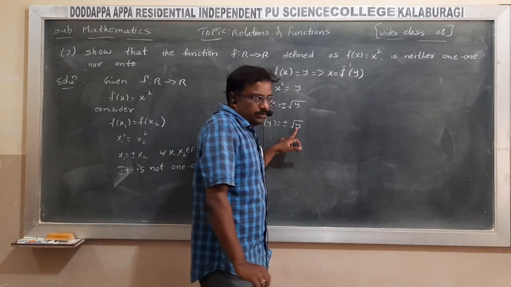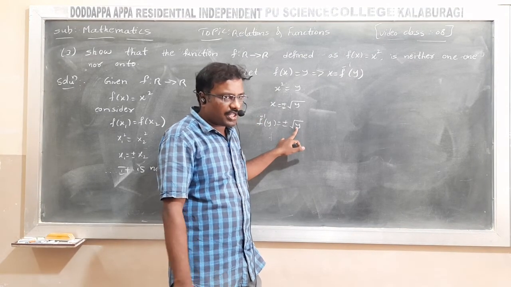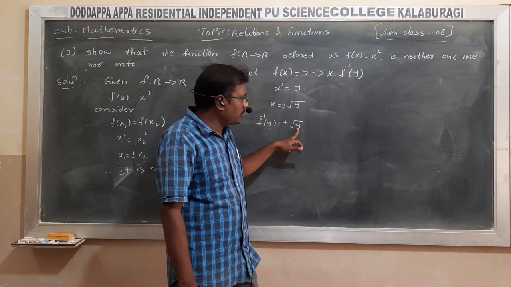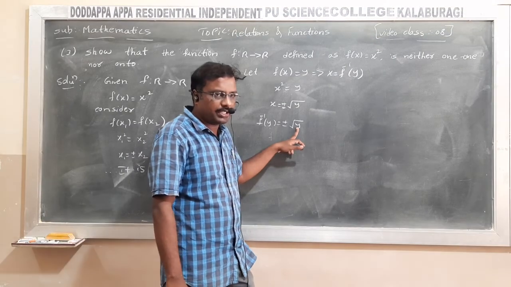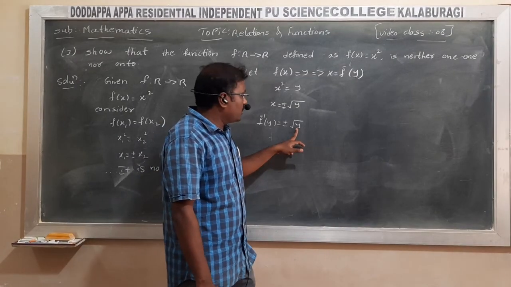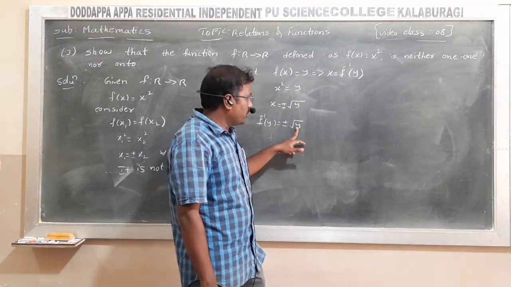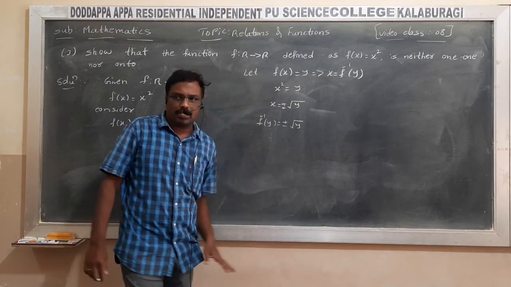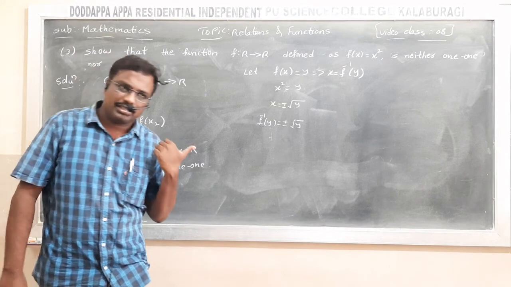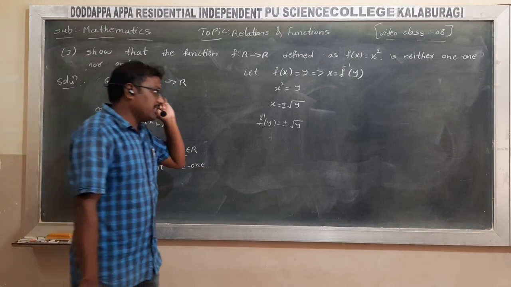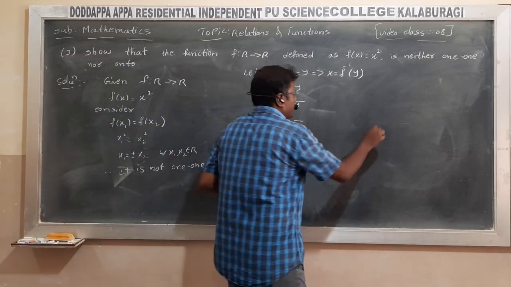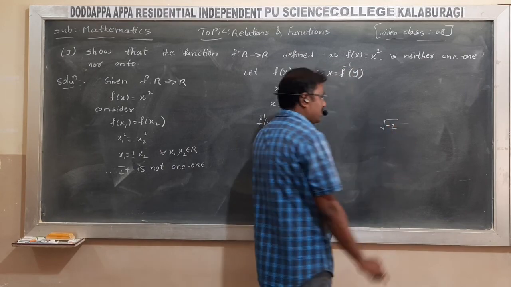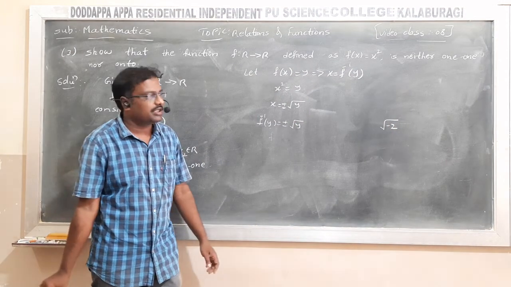Root 1 value is 1, root 2 value is 1.41, which is an irrational number. Root 3, root 4, root 1 by 2, root 1 by 5: you take all positive values, it belongs to real numbers only. But when you come to a negative value, for example root of minus 2, is it an irrational number?